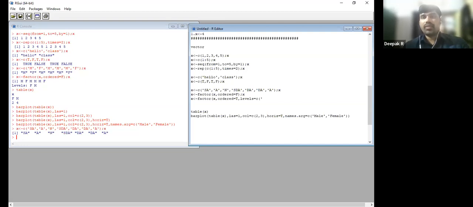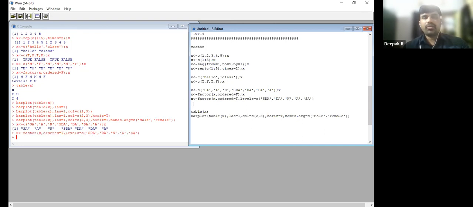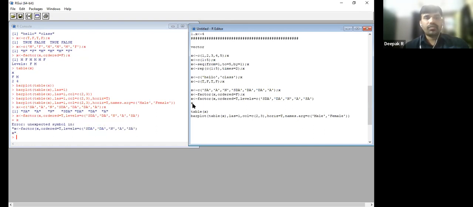So I will say the way in which we designate the levels: strongly disagree, disagree, neutral, agree, and strongly agree. And then I'm able to look at the data.